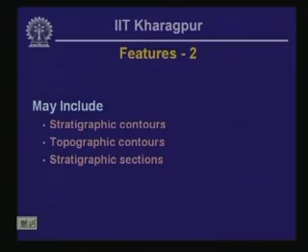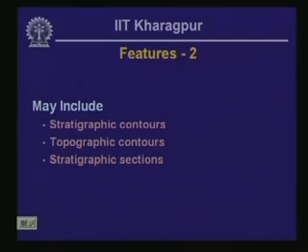We are going to take an example geologic map in the next little bit, but before doing that, let me also list a few features that may be included on a geologic map, but not always. These features include stratigraphic contours. What do I mean by stratigraphic contours? They are essentially the lines through the top of a stratigraphic layer which are at the same elevation.